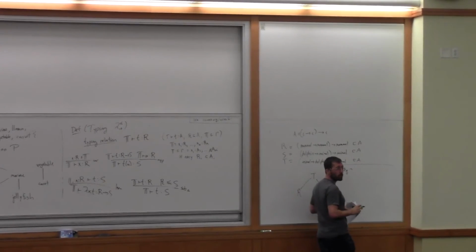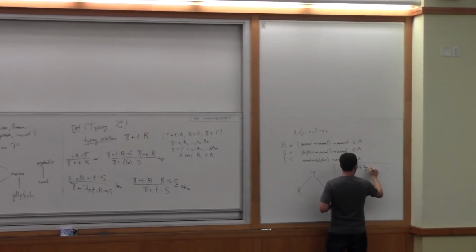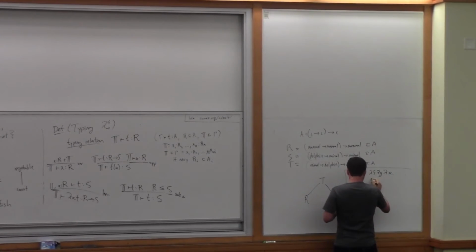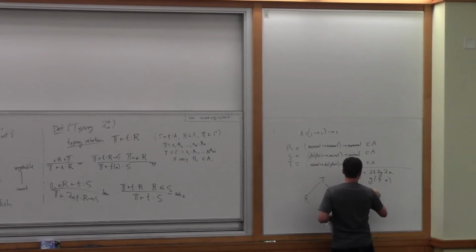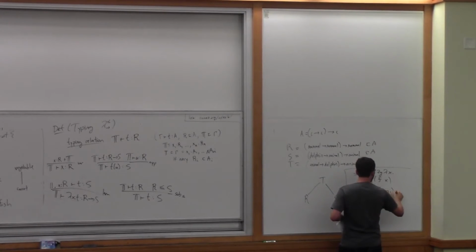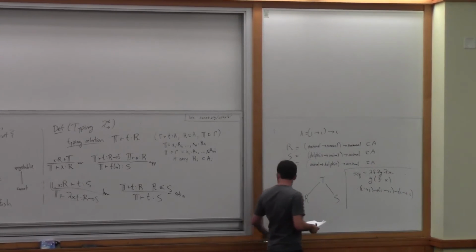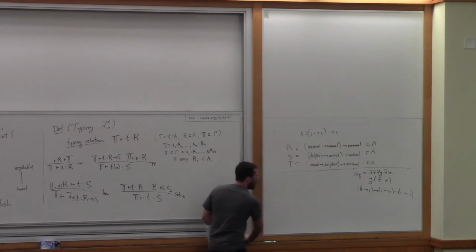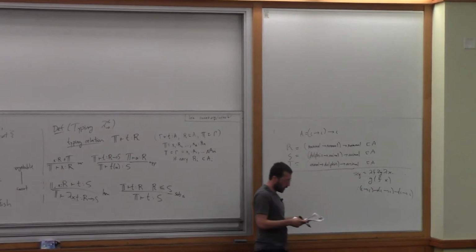We take the sequential composition combinator, which is just lambda f, lambda g, lambda x, g applied to f applied to x, which is of type I arrow I, arrow I arrow I, arrow I arrow I. Its underlying type is this thing, but we can also give it more refined types.